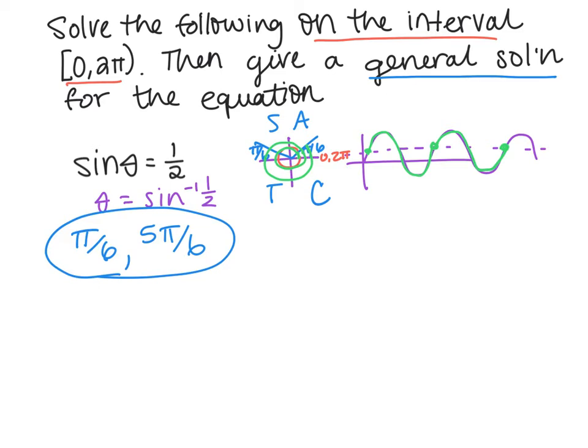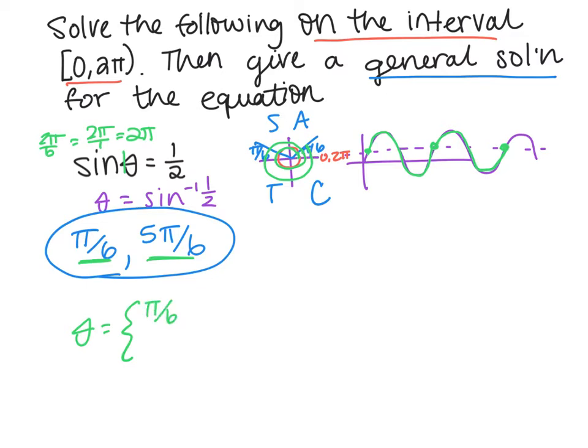So in this case, think back to our graphs. To find the period, you always did 2 pi divided by b. Well, in this case, there's nothing in front of the theta or the x. So our period is 2 pi over 1, which is just 2 pi. So to come up with this general solution, you take these two answers that you have, and our solution would be theta equals, we're going to have two parts to it.